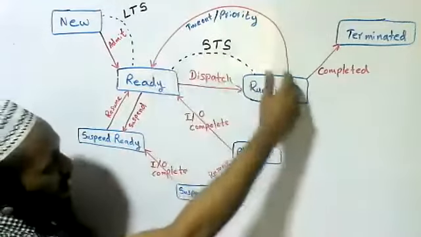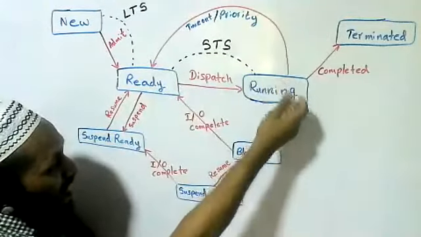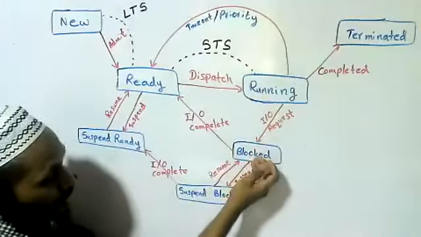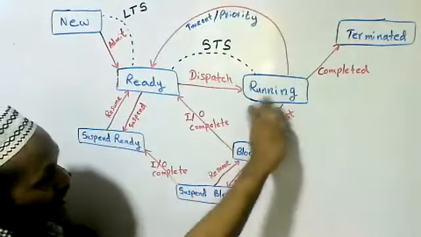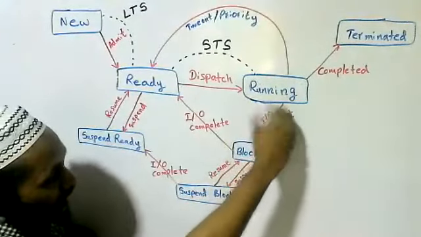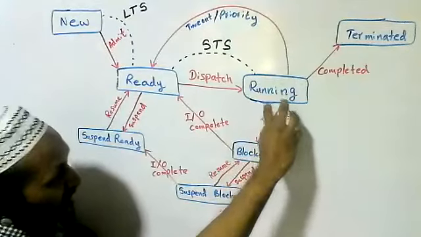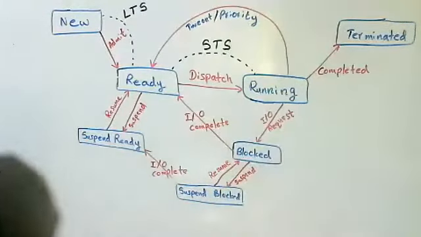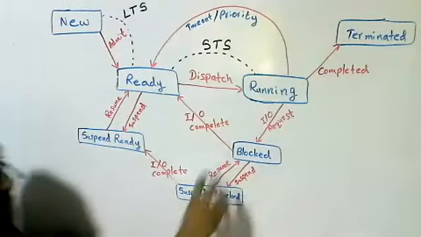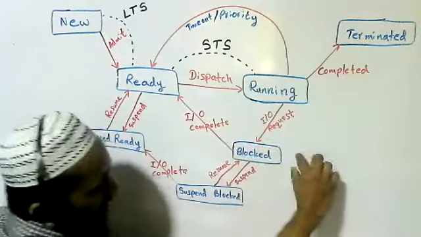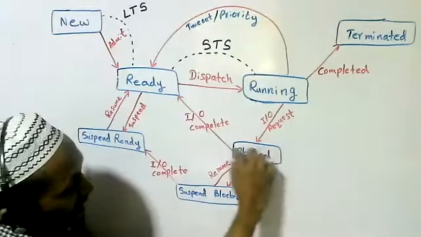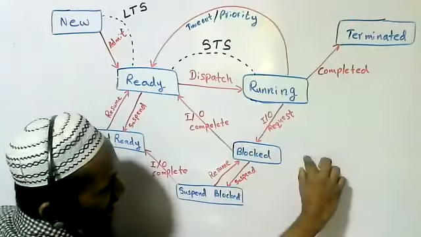Those processes come to the running state and then go to the blocked state, because they need IO events to complete. So in the blocked state, there may be many processes.